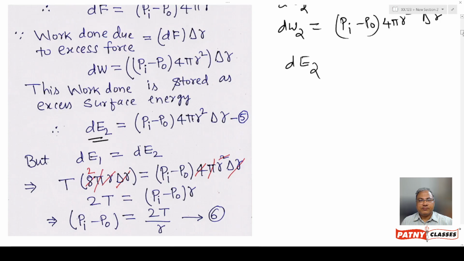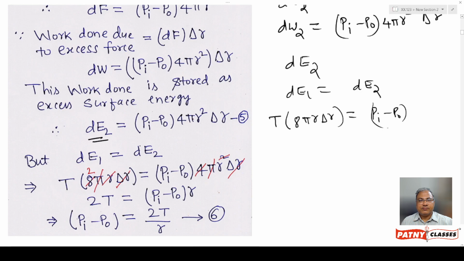We utilized a different formula to calculate the stored excess energy, but both the formulae give the same result. Therefore dE1 equals dE2. dE1 is nothing but T into 8 pi r delta R, and dE2 is nothing but Pi minus P naught multiplied by 4 pi r square delta R.